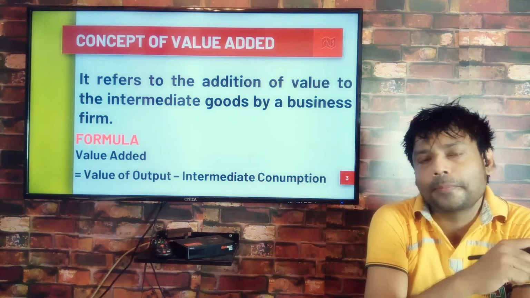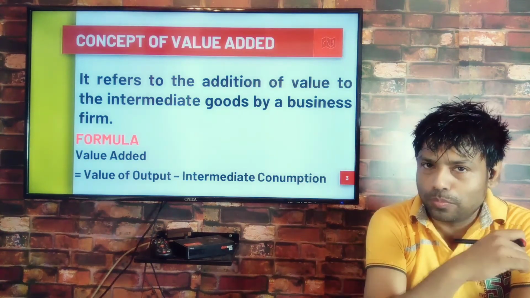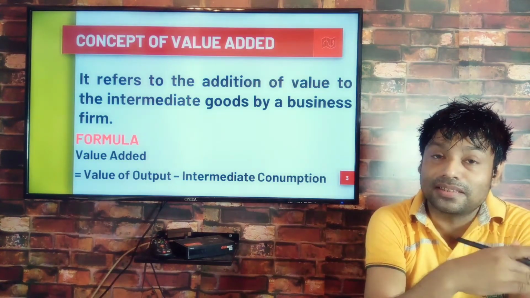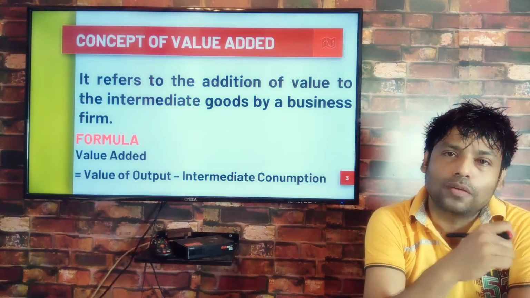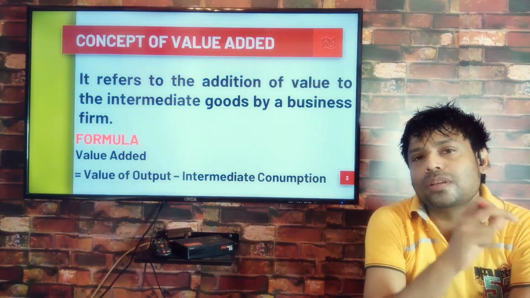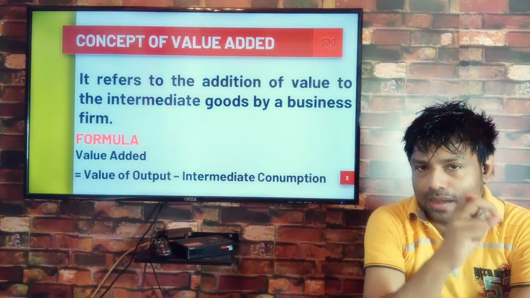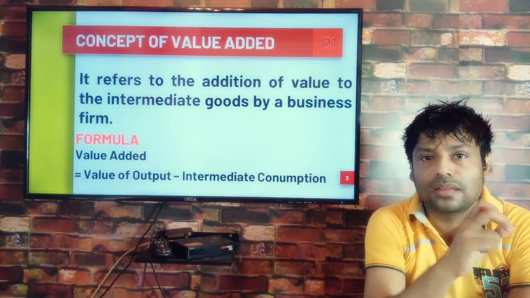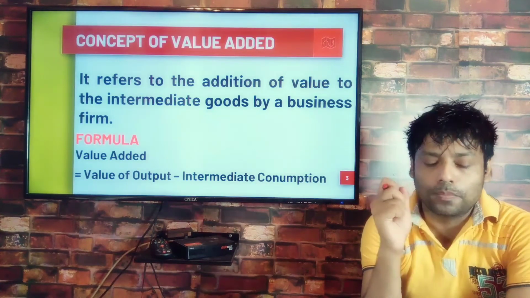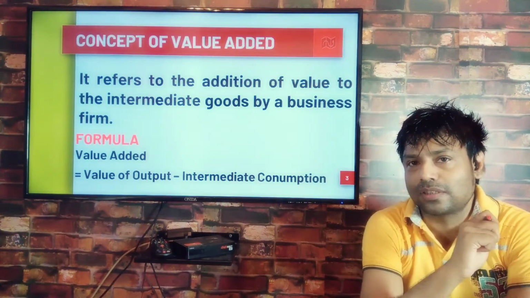On the other hand, bread, an output product valued at rupees 120, is regarded as value of output. Therefore, the difference between the two is rupees 20, and this is the value added in this example. I hope you could now understand the concept.